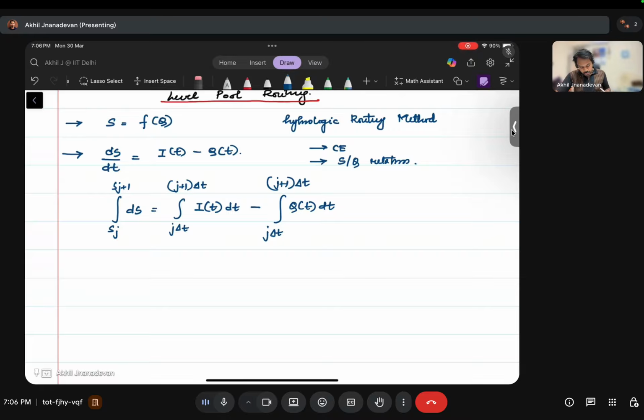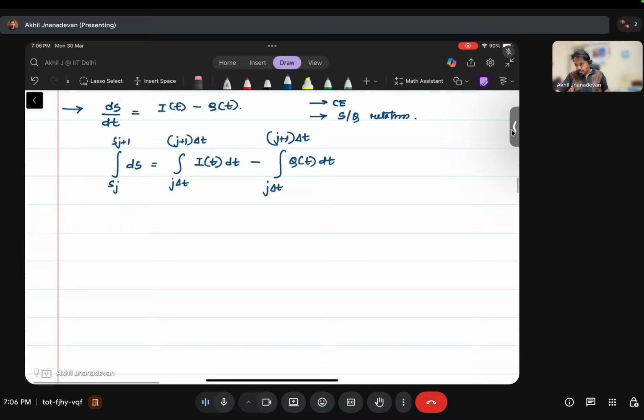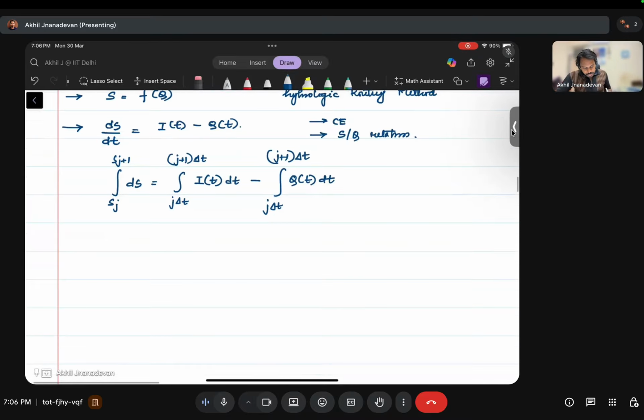This is the continuity equation when we integrate, and then what we will do is say delta t is very small, so that the variation within the delta t we can consider to be linear.